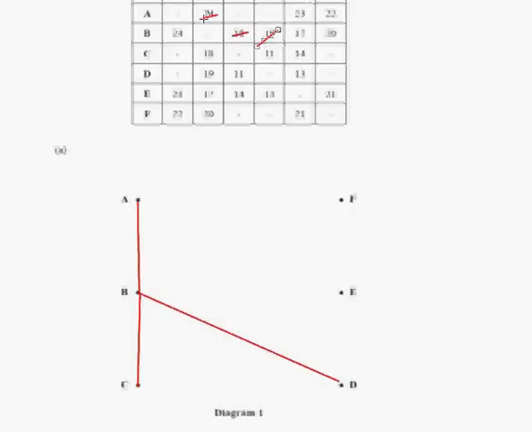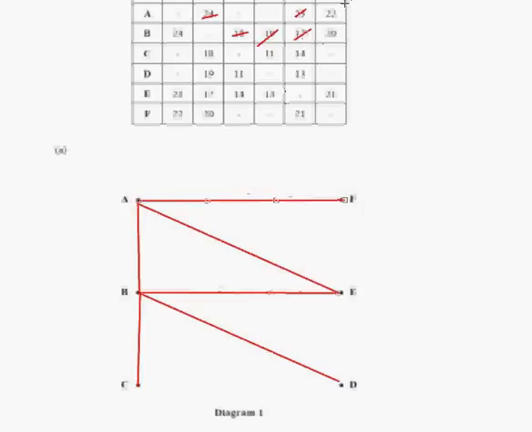E connects to A, like so. E connects to B, 17. F connects to A, like that. F connects to B, like this, and D to C. D goes to C like that.